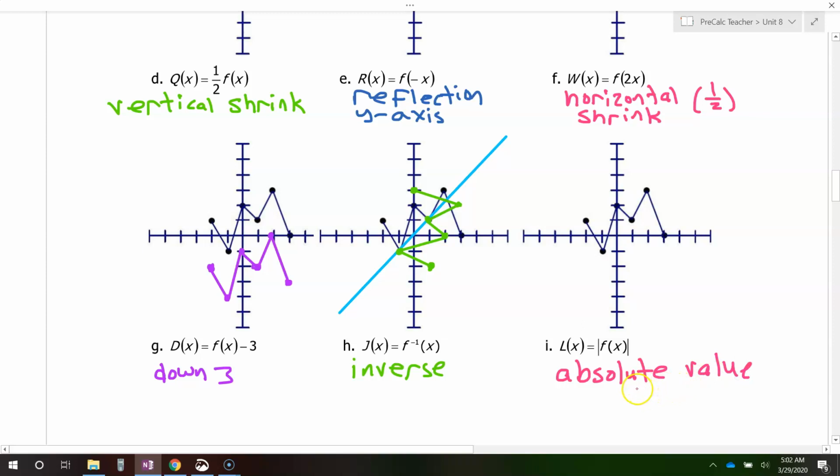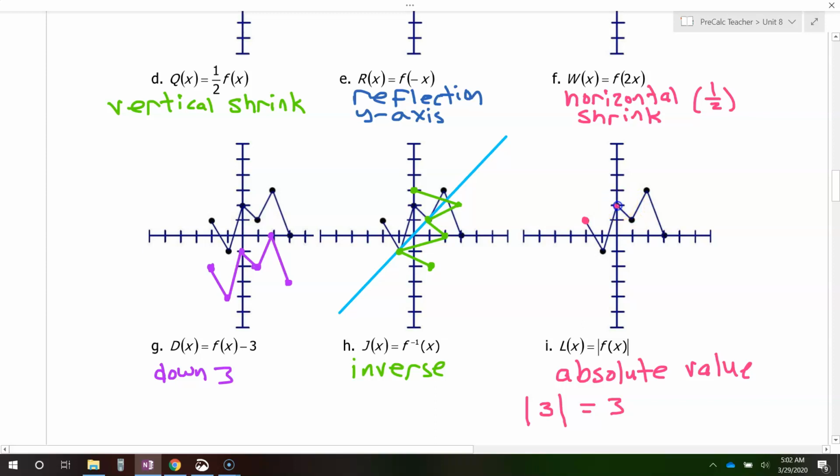Be careful. What happens if I do the absolute value of a positive number? What's the absolute value of 3? That is going to be 3. So any positive value is going to stay where it is. This is a positive value, it's going to stay where it is.